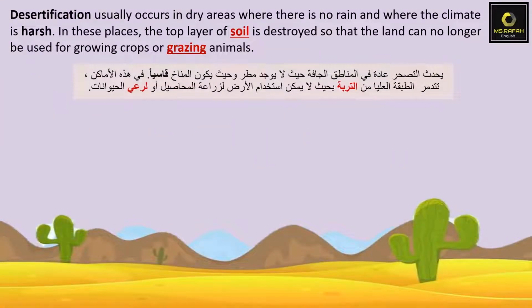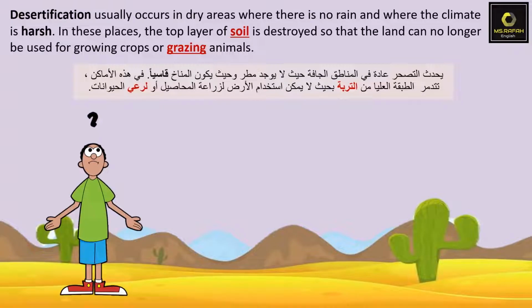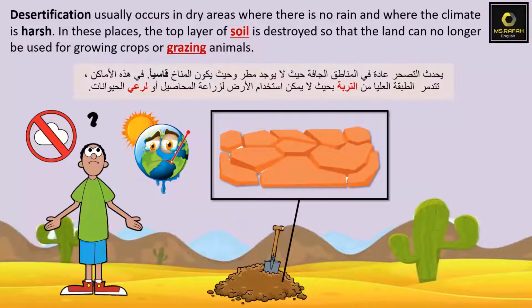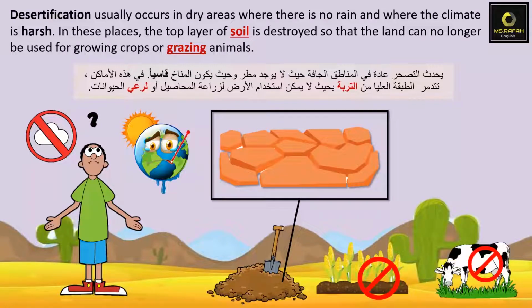Desertification usually occurs in dry areas, where there is no rain and where the climate is harsh. In these places, the top layer of soil is destroyed so that the land can no longer be used for growing crops or grazing animals.